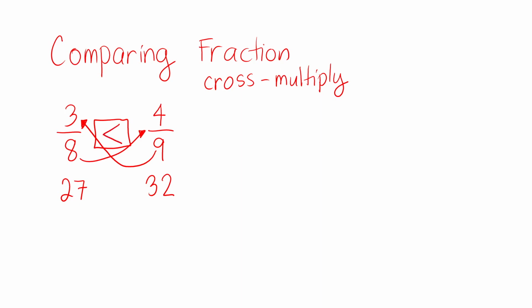You know already which symbol to write. Again, it opens toward the bigger number and points to the smaller number. In this case, 32 is bigger. That's why it opens to 32 and points to 27. So, therefore, 3 over 8 is less than 4 over 9. Is this clear, by the way?